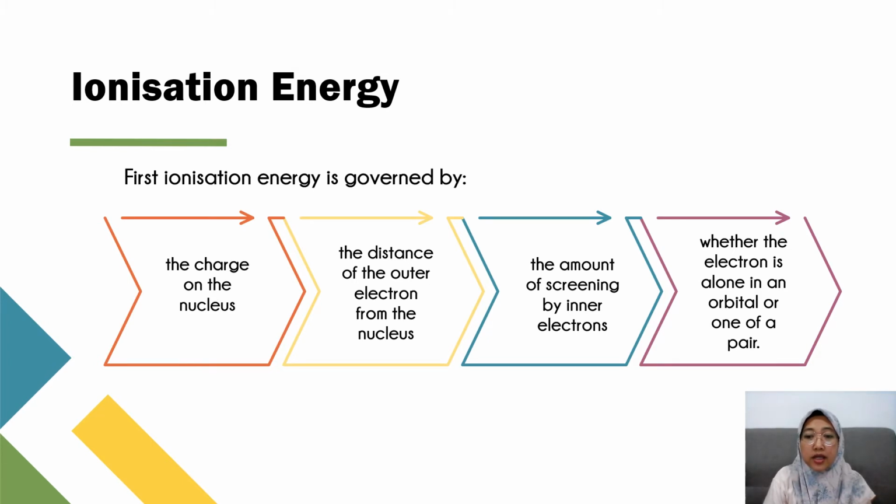Okay, yang last kali ni cerita pasal susunan elektron dalam orbital. Okay, kita ada yang 1s2, 2s2, 2p6 tu. Okay, bila 2p6 dia ada completely fill, yang itulah yang kita nak tengok nanti.